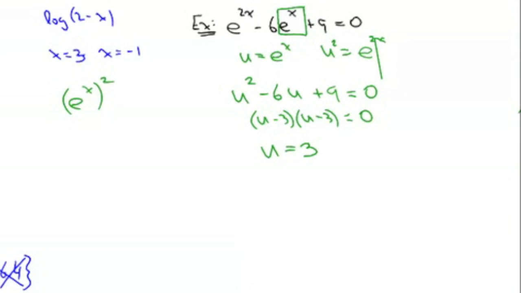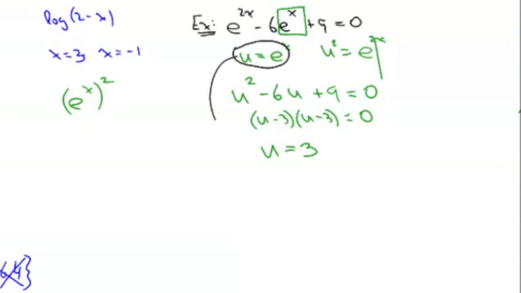Now, u is equal to 3 is perfectly fine for solving the green quadratic equation, but it is not fine for solving the black exponential equation. So how do I go back to the black equation's solution? Well, what's u equal to? 3. u is equal to 3 here, but what was the substitution I used for u? e to the x.